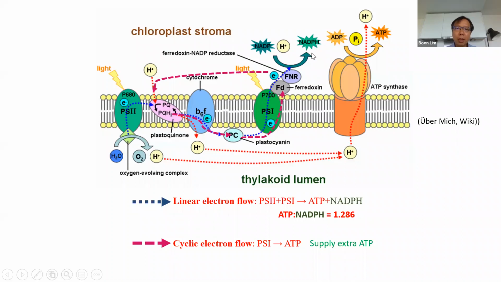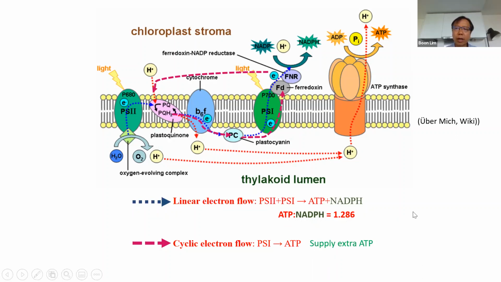At the same time, the linear electron flow also creates a proton gradient that can drive the generation of ATP. So the linear electron flow can produce both ATP and NADPH, and someone has worked out that their ratio is 1.286. And of course, there is also some cyclic electron flow that only generates a proton gradient and can supply extra ATP.